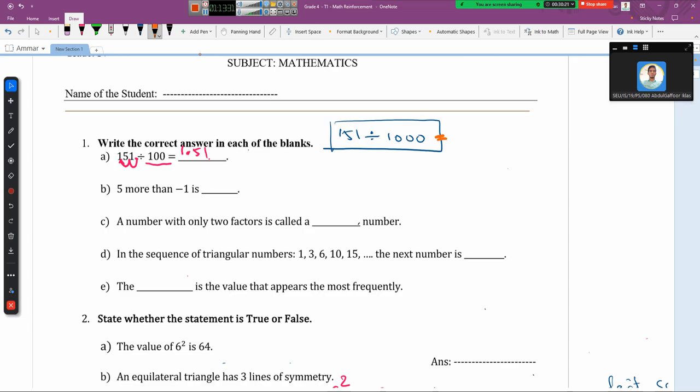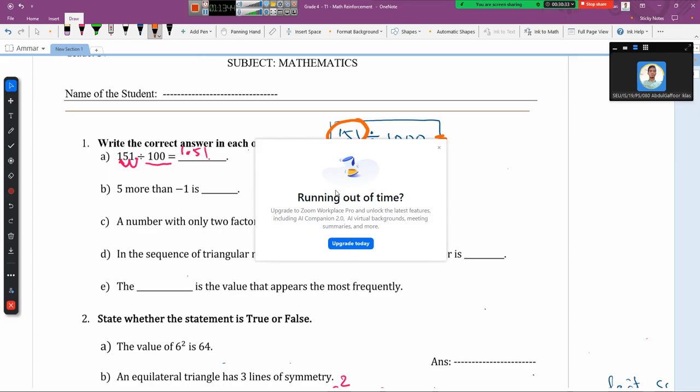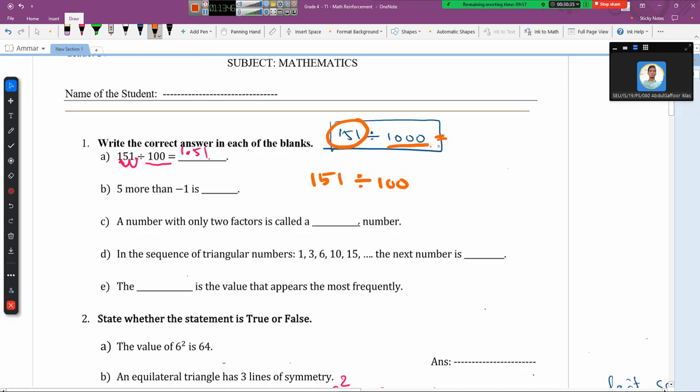See here, 151 is divided by 1000. If you divide 151 by 100, you move the decimal 2 digits forward. Why? Because in 100 we have 2 zeros.